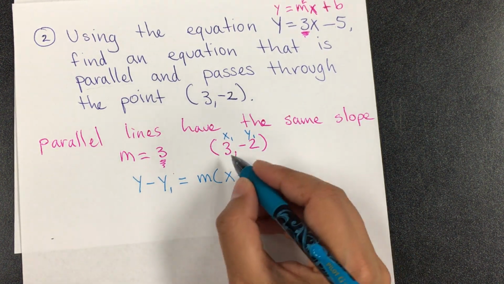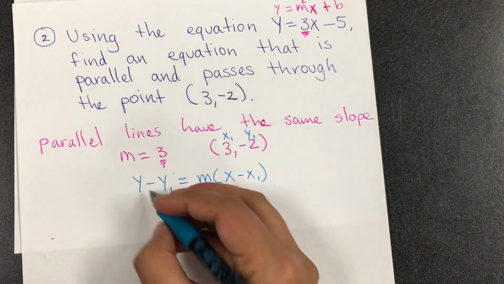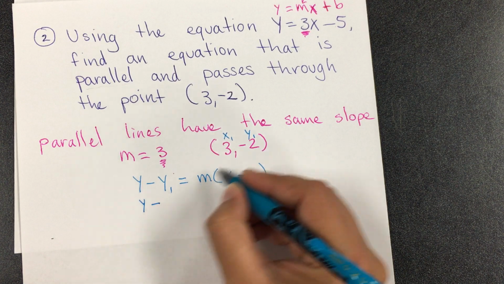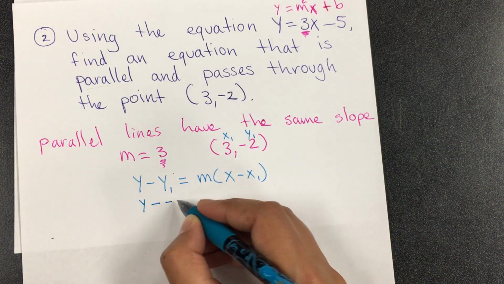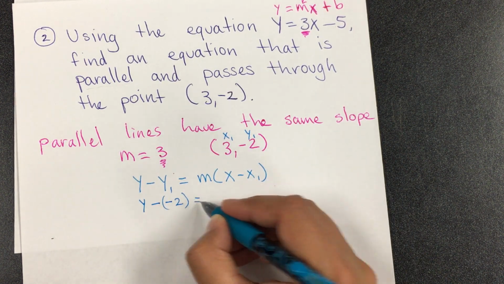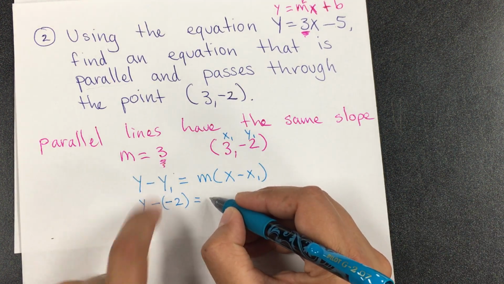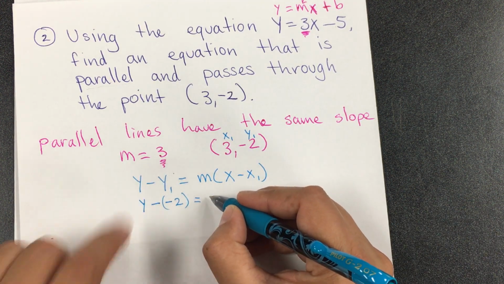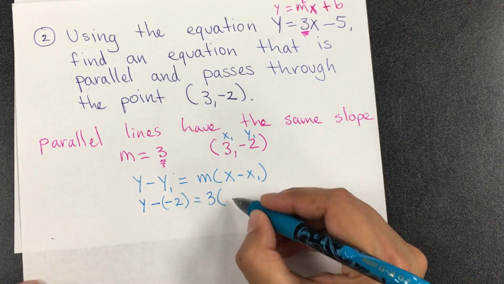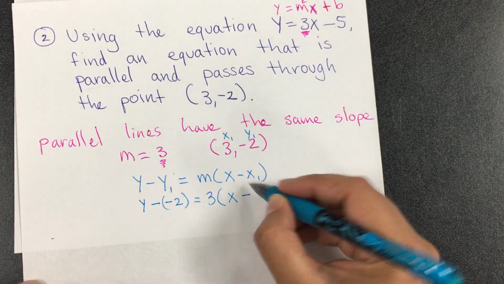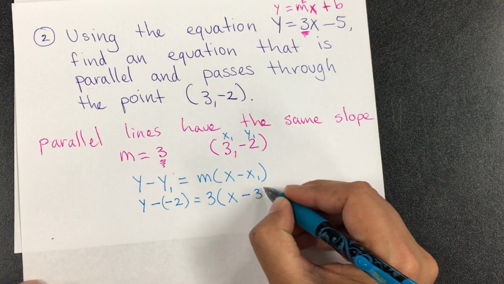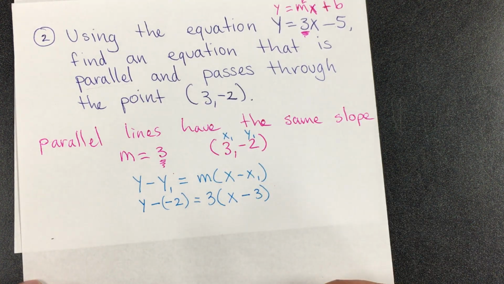So we now can replace all that information in the formula. So y minus y1 is negative 2, put it between parentheses. If you don't put it, that's fine, but some people prefer to put the parentheses. The m is 3, x minus x1, which is 3. Okay, it comes from here.